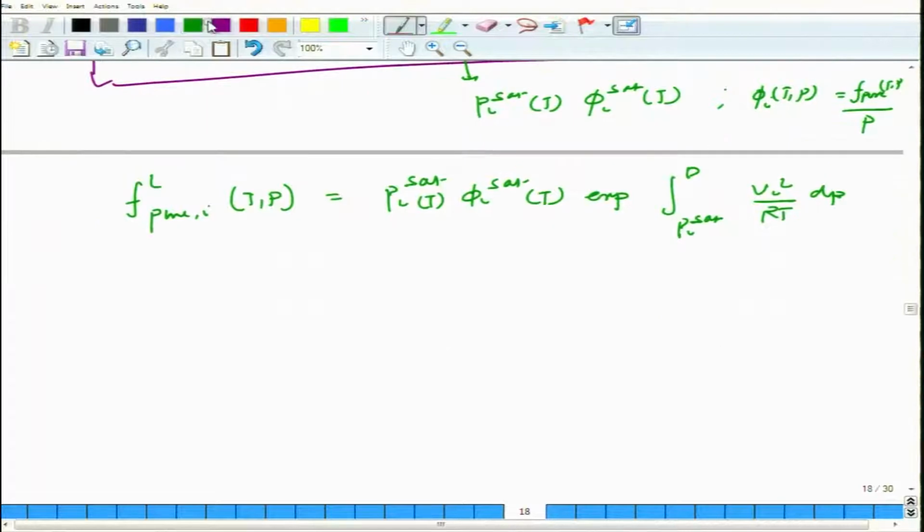Now, note that phi sat is a function of T and Pi sat. Since the constraint due to the condition of saturation, this can be written simply as phi I sat at T, so it is dependent on only one variable.